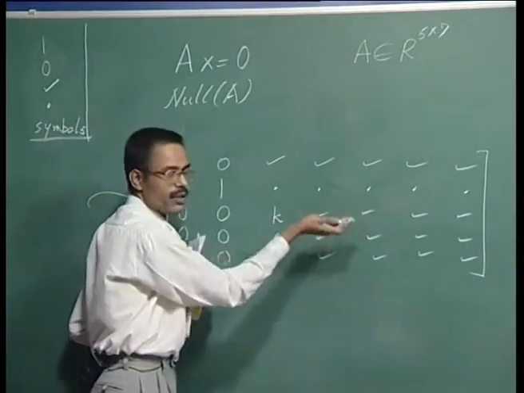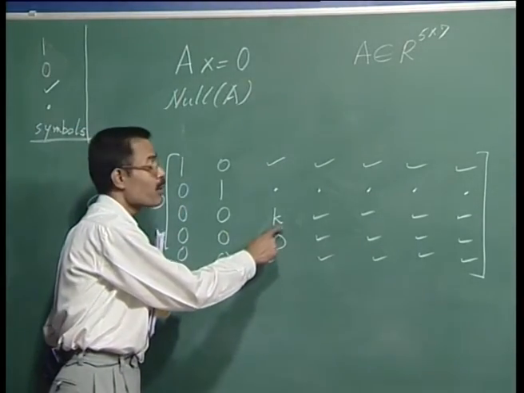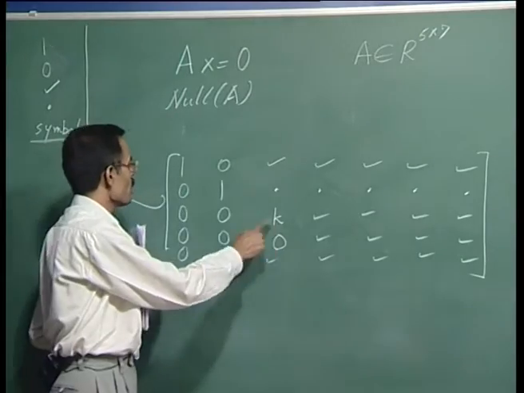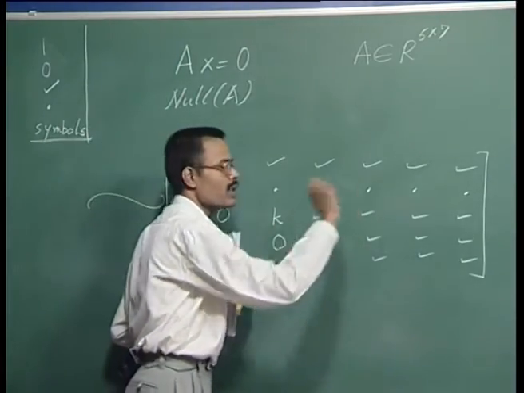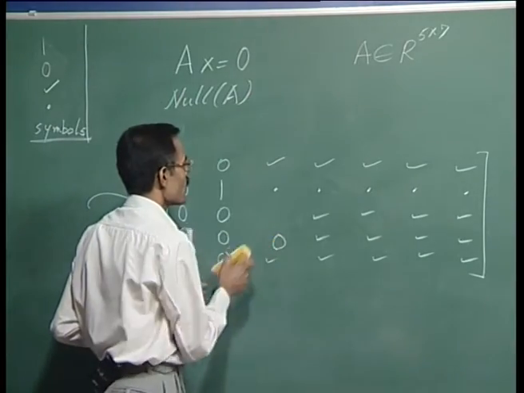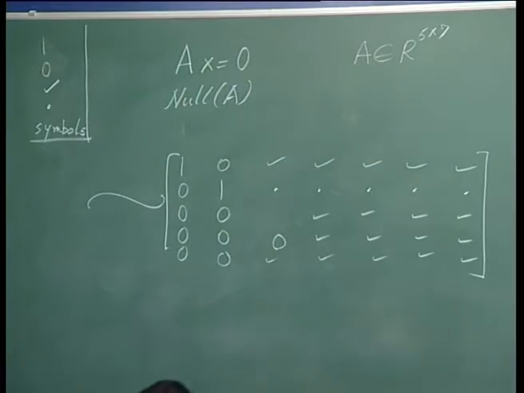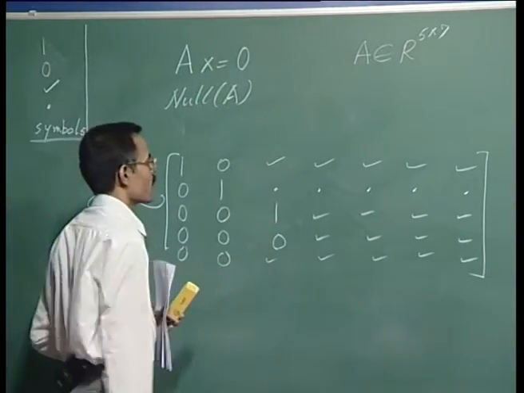These will be changed, they will be swapped. Now, this is non-zero and we wanted a 1 here. So, what we do? We divide the third row with k, whatever is this number. That changes these entries, and here we get 1.